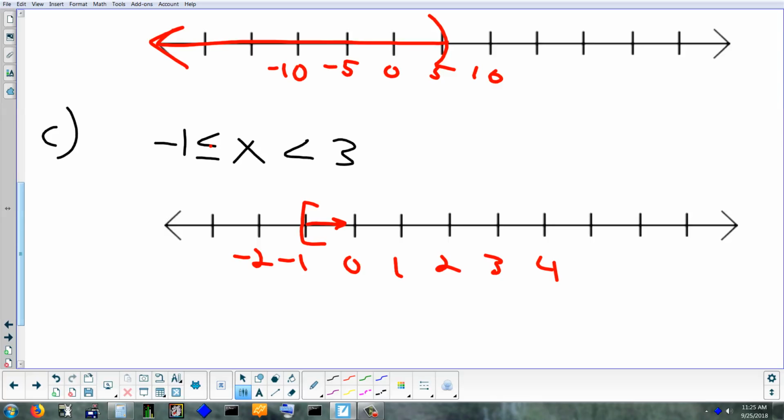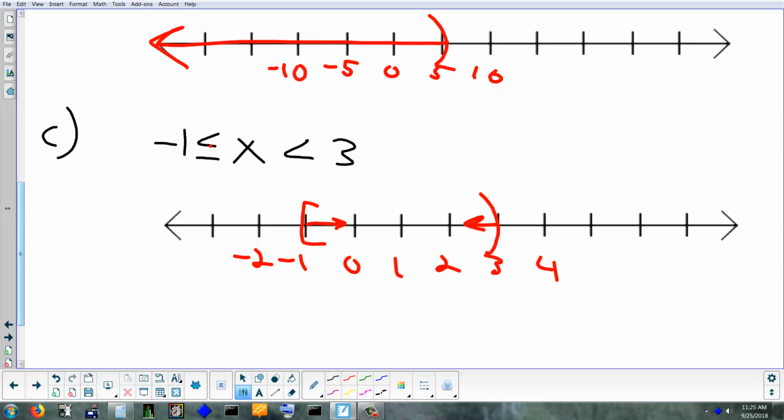So Gabe, what kind of symbol on the 3? Parenthesis, and then opening which way? Well, are you shading everything that's greater than 3 or less than 3? Less than 3. So yeah, less than would be to the left.